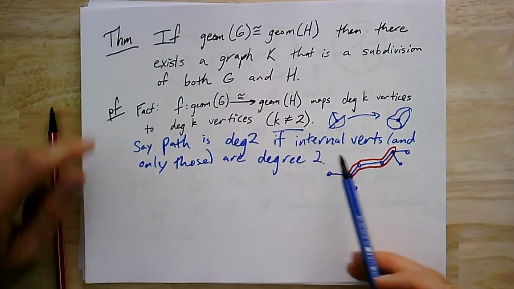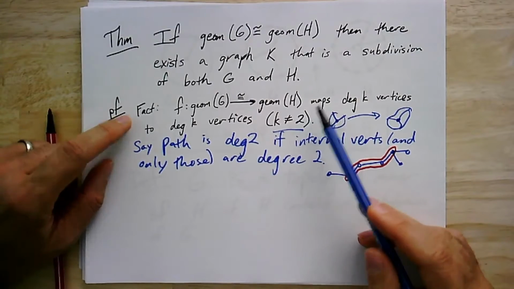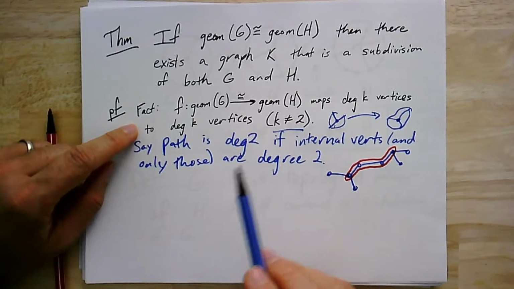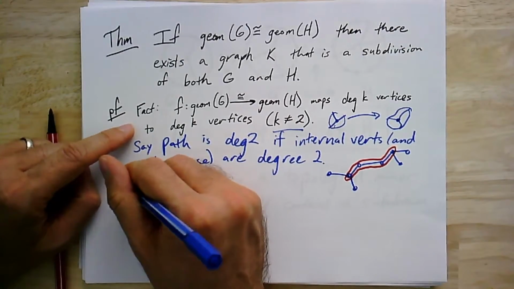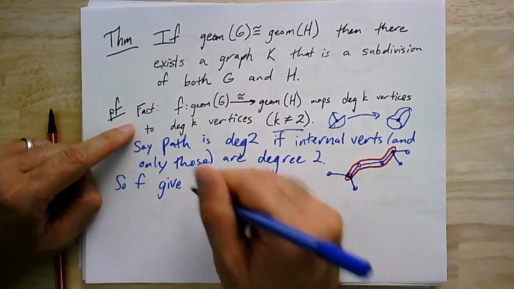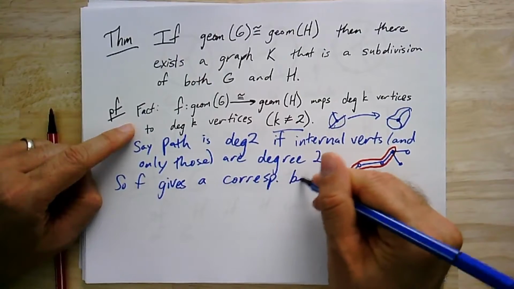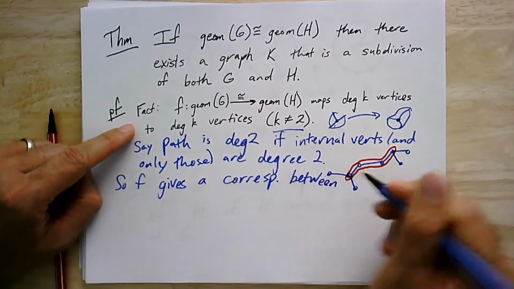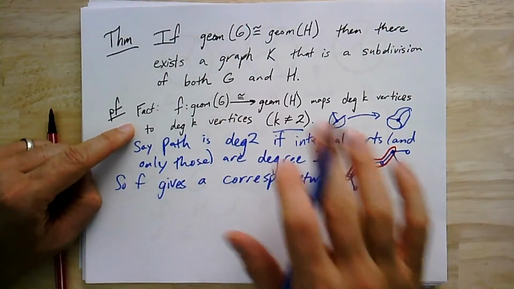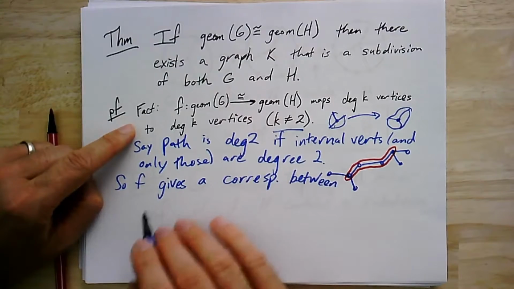Now, the fact that the non-degree 2 vertices get mapped to between each other bijectively from F really means that F gives us a correspondence between these degree 2 paths. So if I take the degree 2 paths in G, they map through F to degree 2 paths in H, as their images are now homeomorphic.